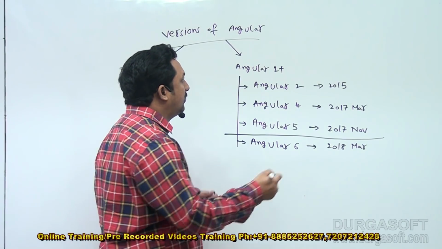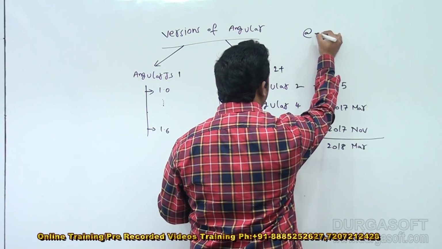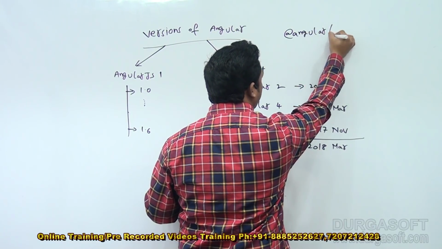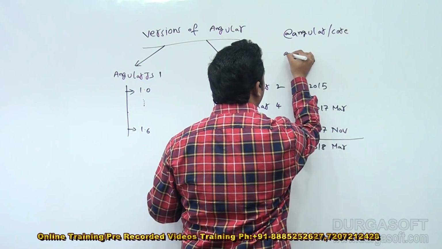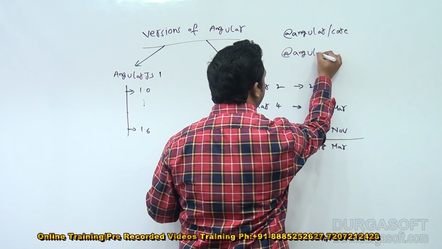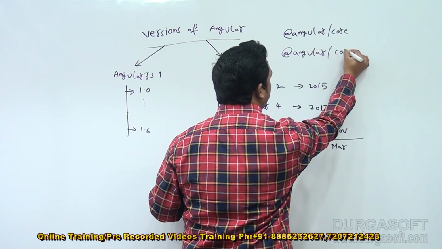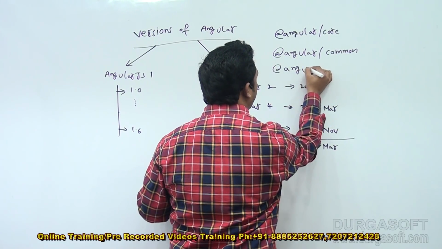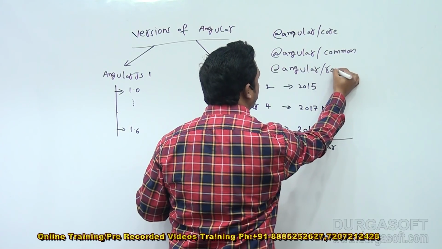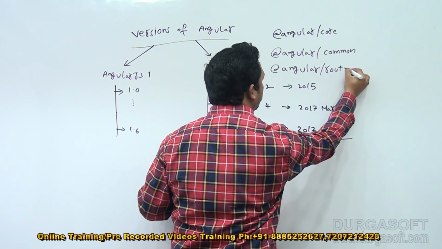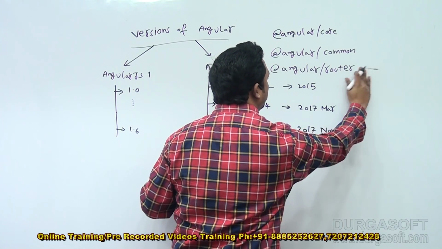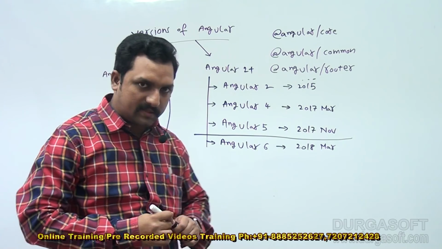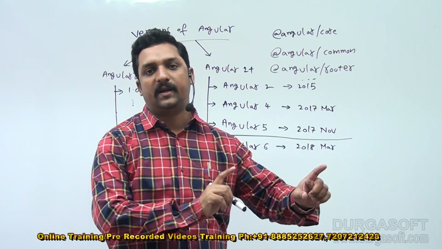For example, we have several packages inside Angular 2 plus, that is @Angular/core, @Angular/common, @Angular/router. Like this we have so many other packages available. For each and every concept we have a separate package.